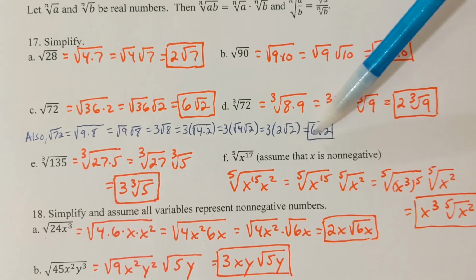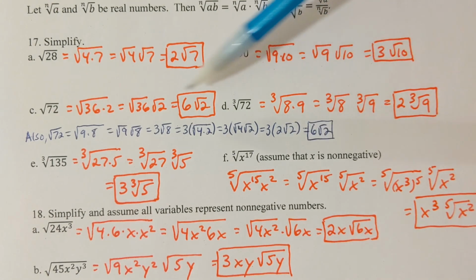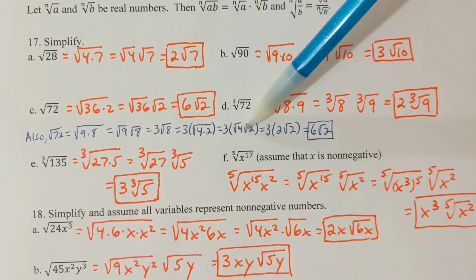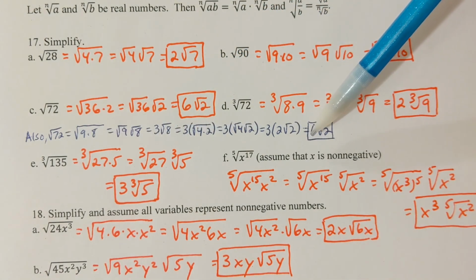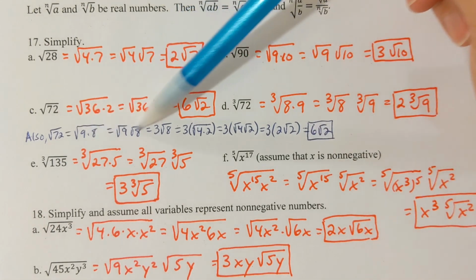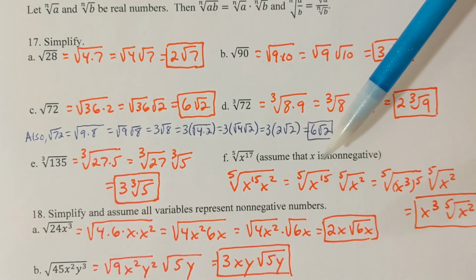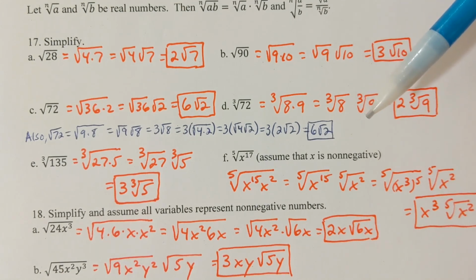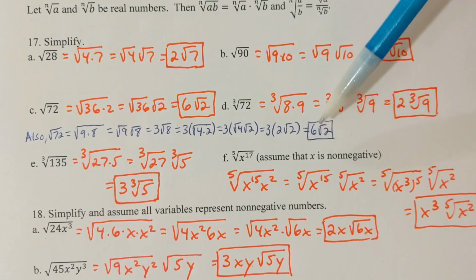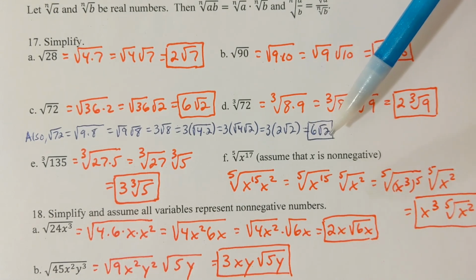Now I'd still get the same answer, 6 times the square root of 2, but look how much extra work I've created for myself by not selecting the best pair of numbers. In other words, the point of this is to say, when you're selecting numbers, select them in such a way so that you don't have to simplify and then simplify again because you didn't get the best pair. I'd still get the same answer. There's no problem with that. It's just I've created more work for myself because I didn't select the best pair.